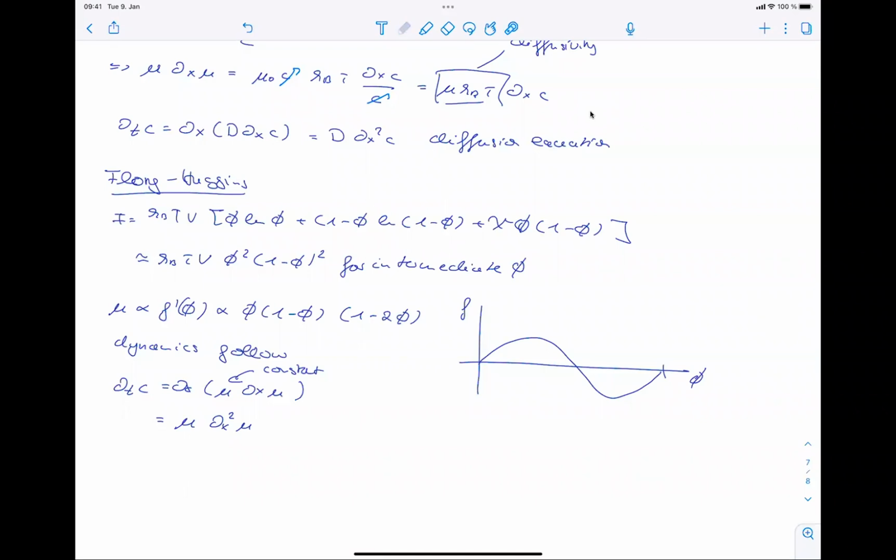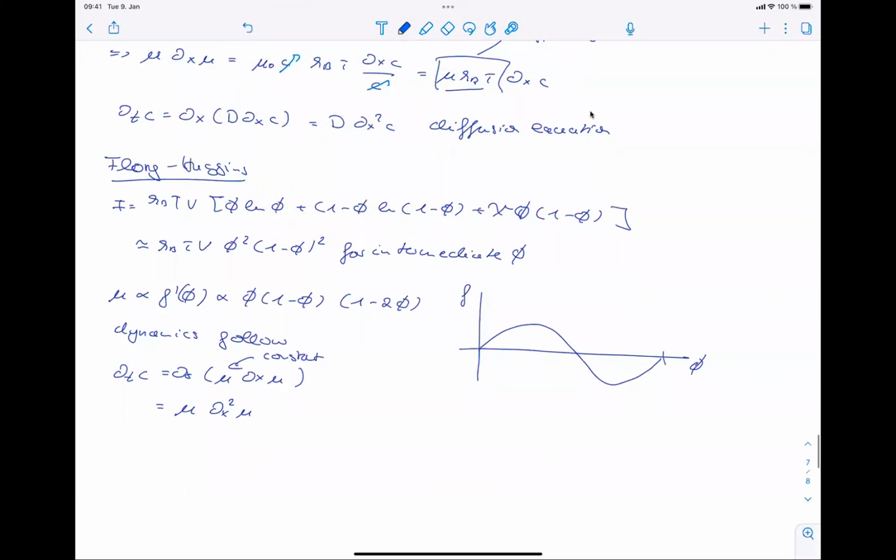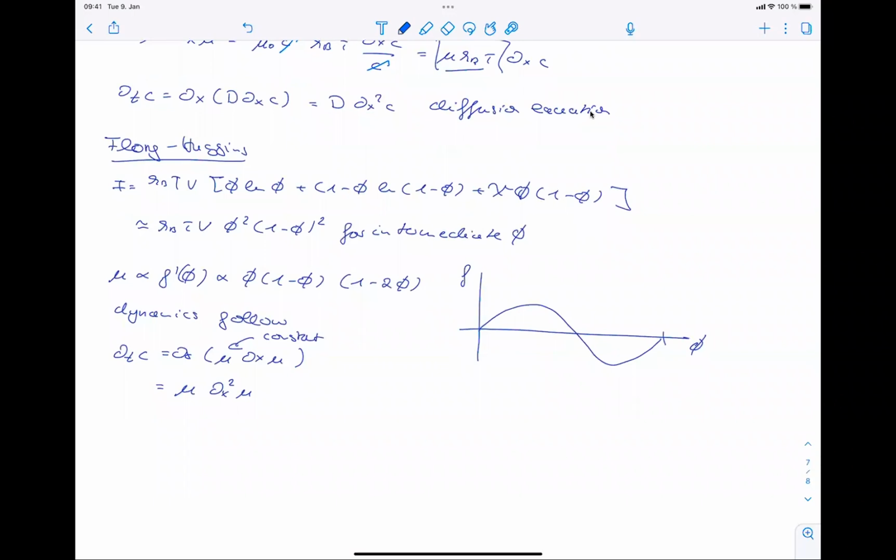There's a correction that needs to be taken into account, which is again due to the dynamics of the interface. I have another correction that is proportional to the spatial concentration gradient at the interface. That's the energetic cost of the interface that gives rise to an additional contribution in this dynamics.